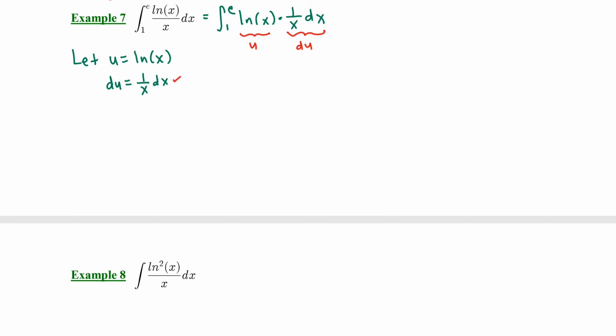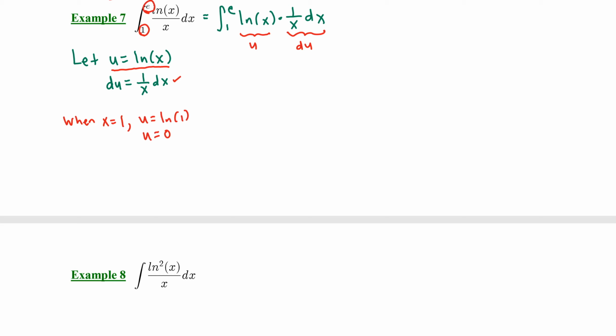Now again, I'm going to show you the option of updating your limits of integration. We could say, now remember these are x values, when x equals 1, here's the relationship between u and x. When x equals 1, then u equals natural log of 1 or 0.